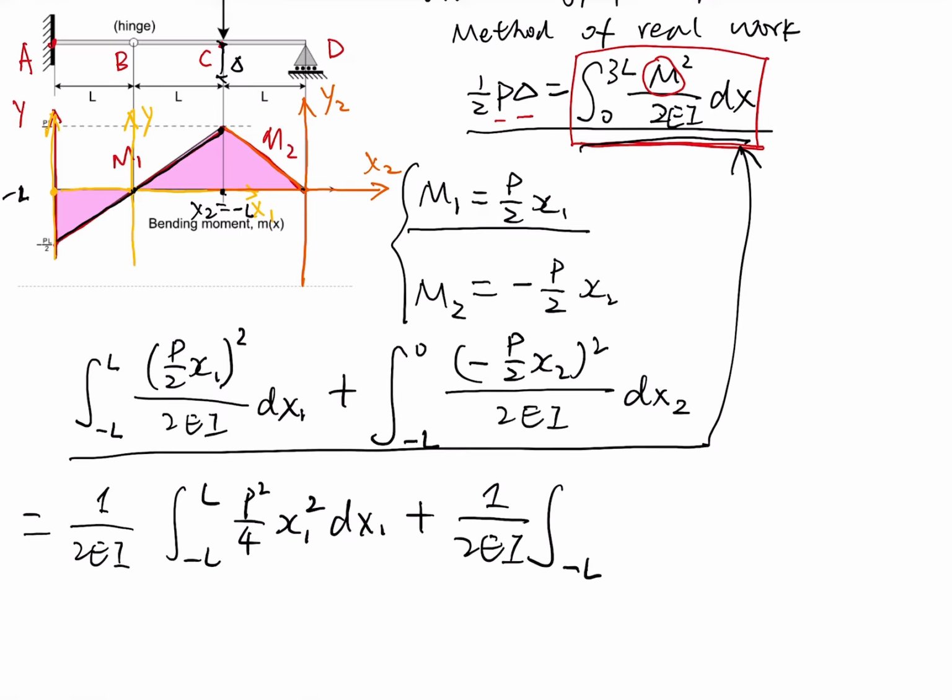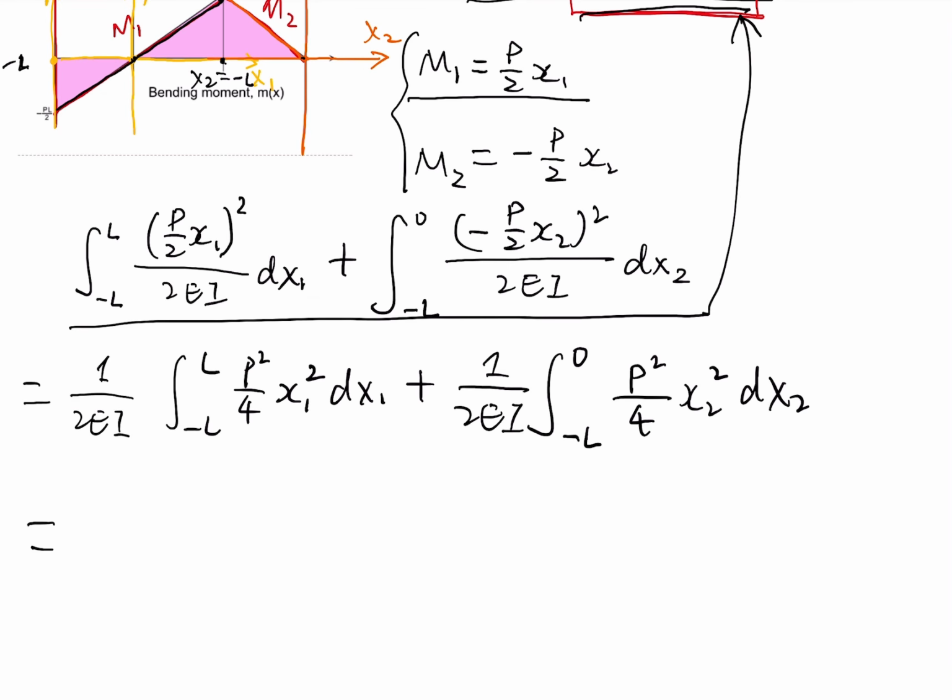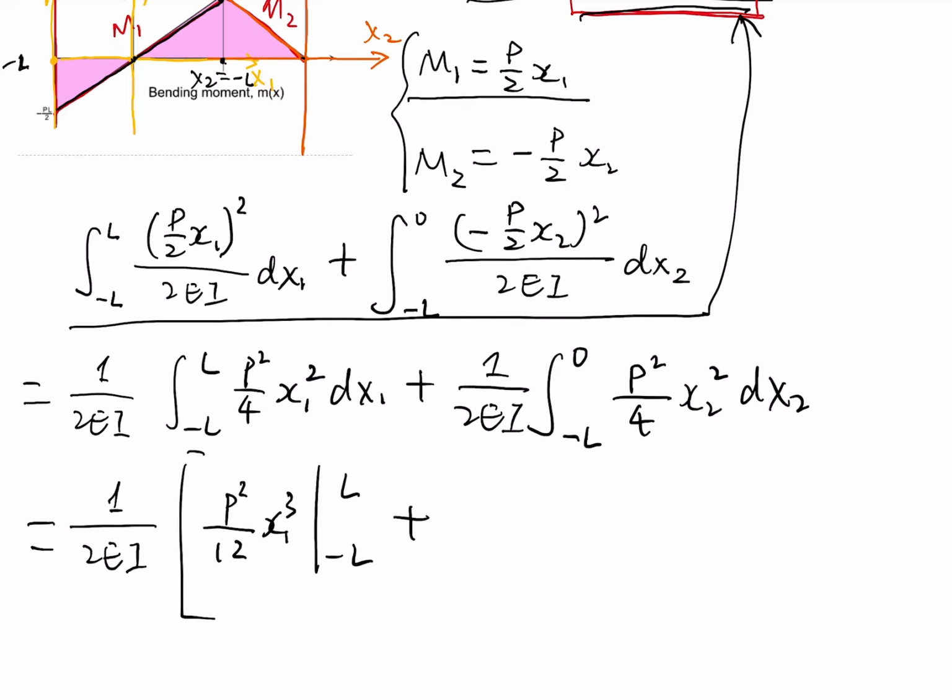Evaluating these integrals, we have 1/12 P squared x1 cubed from negative L to L, plus 1/12 P squared x2 cubed from negative L to 0.